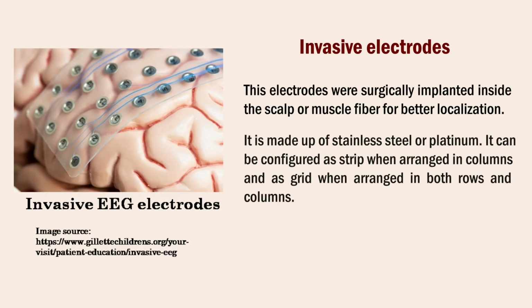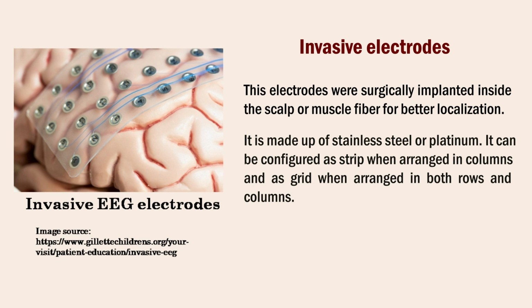Non-invasive electrodes are not able to provide accurate information, as they are placed on the surface and the electric potential produced by neurons becomes weak with distance. It is made up of stainless steel or platinum.